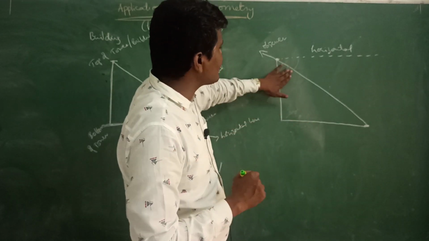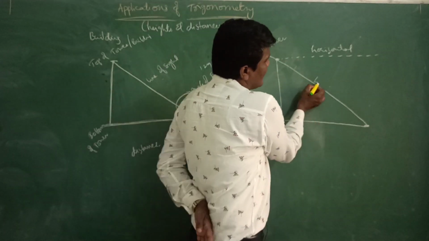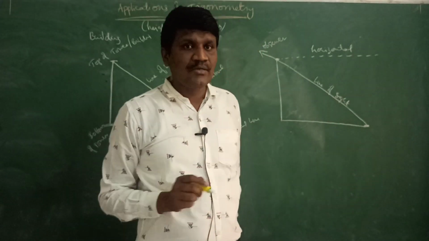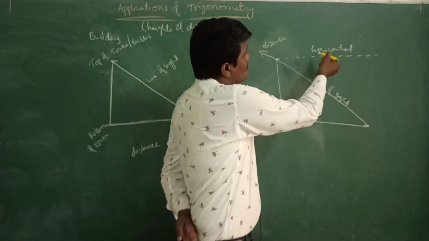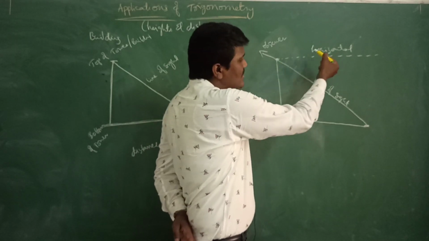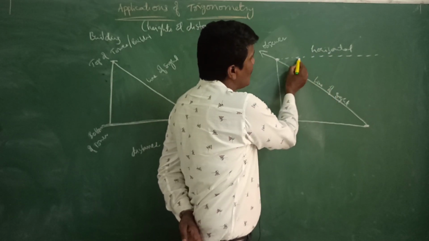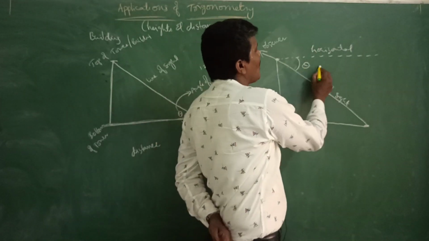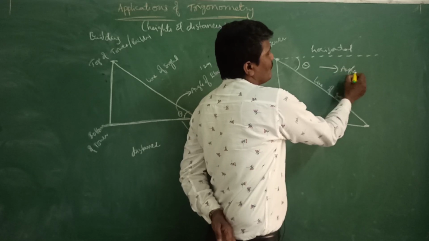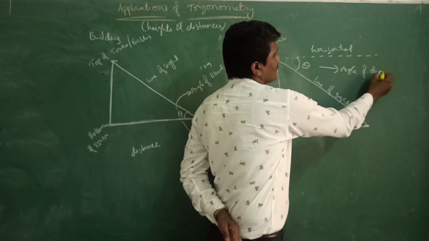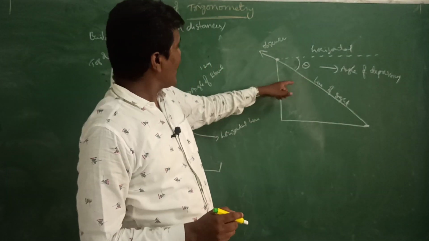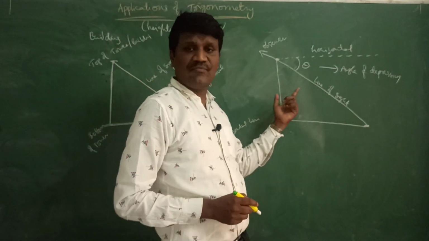So in this case, this is the line of sight, and the horizontal line is this. The angle between the horizontal line and the line of sight is called the angle. So this angle we call the angle of depression. Angle of elevation and angle of depression.